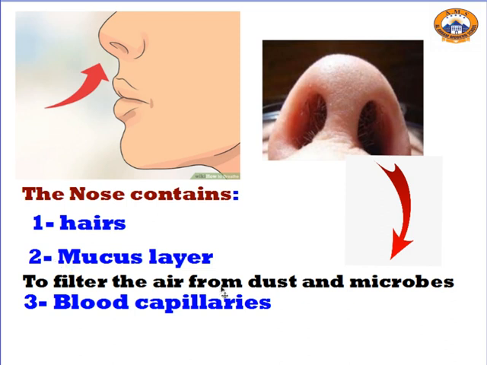It has to be filtered of any dust particles or microbes before entering the lungs to protect your lungs from any diseases or infections by those microbes. The mucus layer is a sticky membrane where any dust particles or microbes can stick to it and be prevented from reaching your lungs.